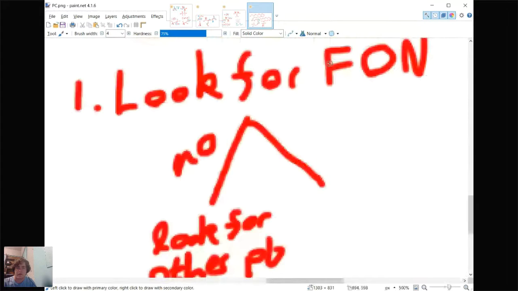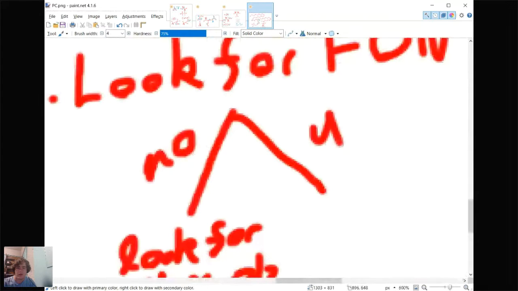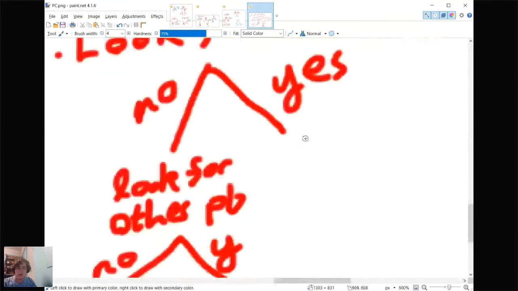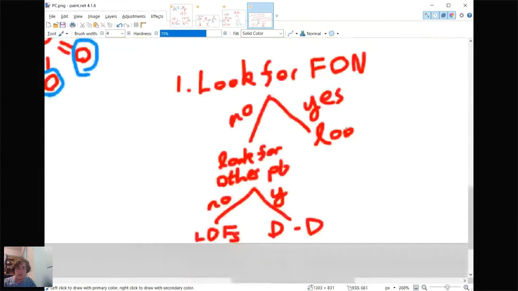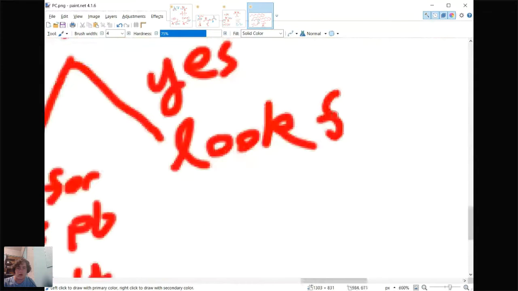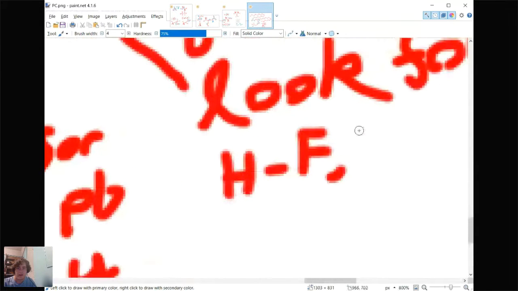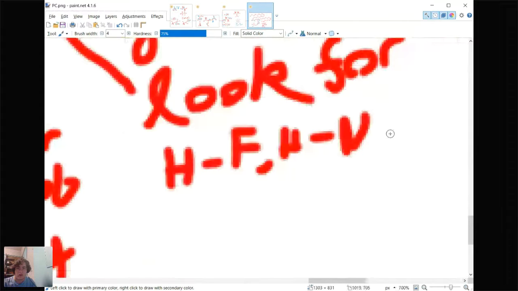Now look, so if there's FON, the next step is to look for the bonds between hydrogen and fluorine, hydrogen and nitrogen, or hydrogen and oxygen.